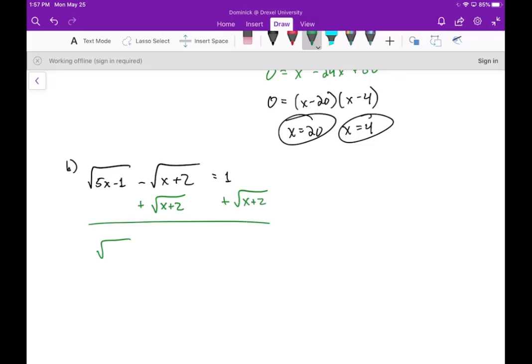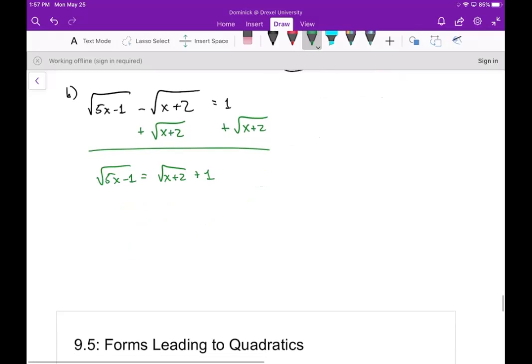And we get that the square root of 5x minus 1 is equal to the square root of x plus 2 plus 1. So let's square both sides. And we'll get 5x minus 1 is equal to, and again, when we FOIL this out, eventually you can get x plus 2 plus 2 square root of x plus 2 plus 1.